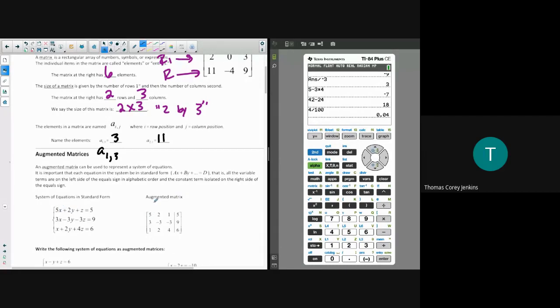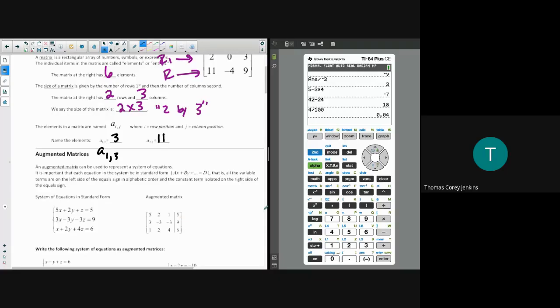So 5x gets entered as 5, 2y as 2, z as 1, and then our constant goes in that last column. So when you're doing an augmented matrix, when you're using technology to solve, you are always going to have one more column than rows. I think that's pretty important to understand.